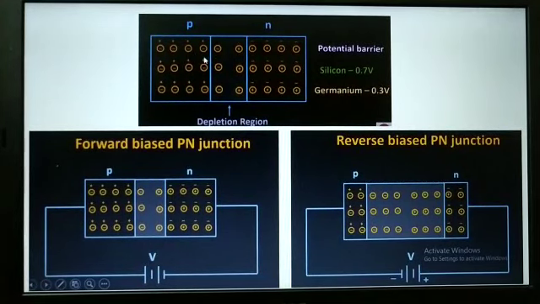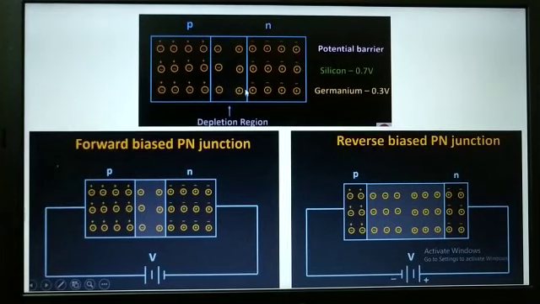When this process is happening, some electrons and holes become immovable. When they are stuck in the depletion region, they are immovable, and this forms a depletion region between the p and n type, and there we get a potential barrier.